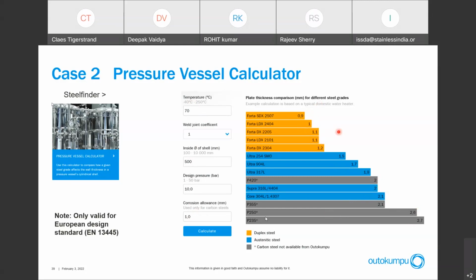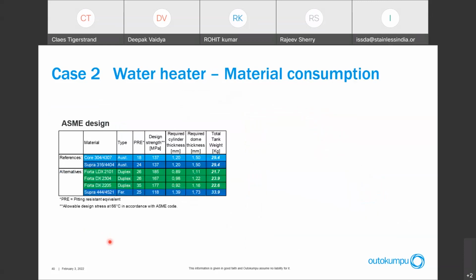Of course, here you need to consider other things like handling and welding and how to handle deformations, but potentially you can reduce thickness a lot here. This is only valid for the European pressure vessel standard. But here I've also done some comparison using the ASME standard with the 304 and 316.